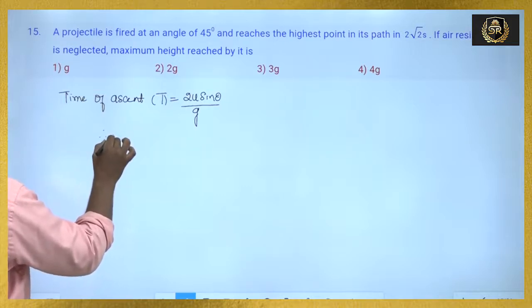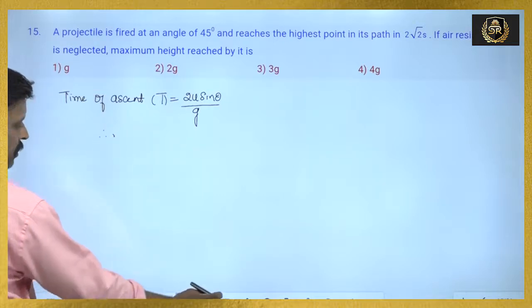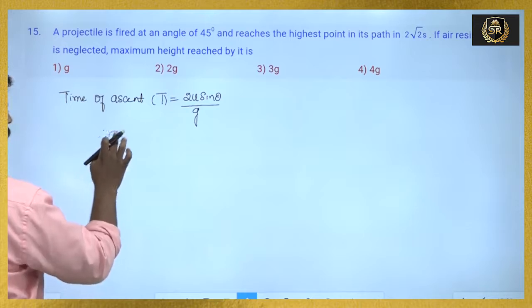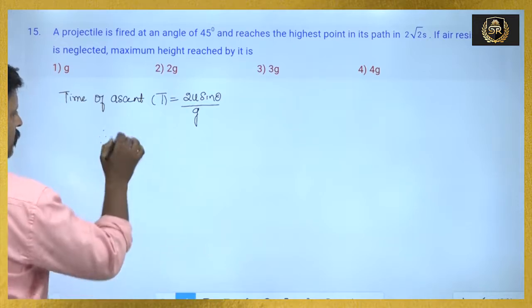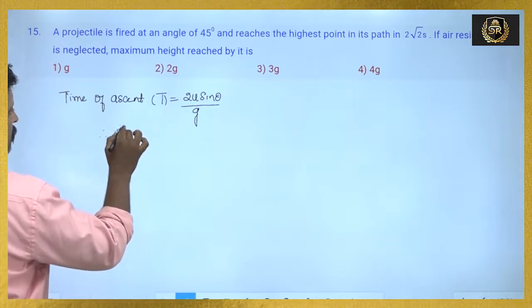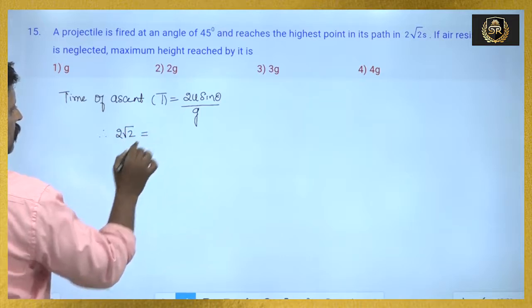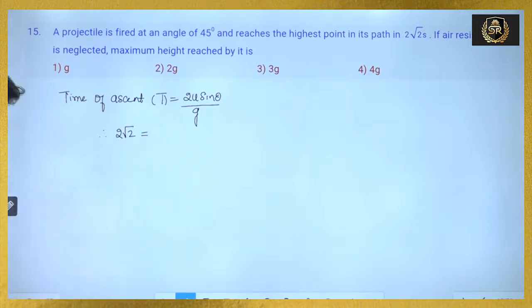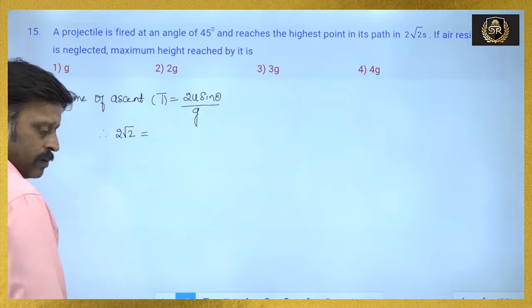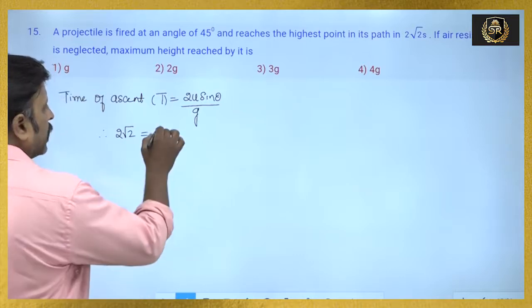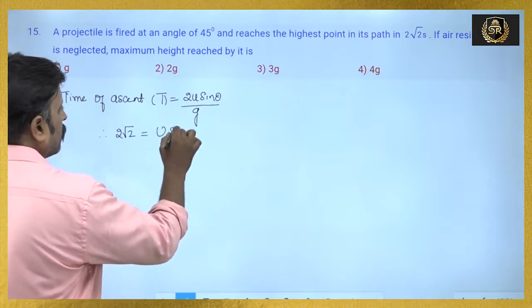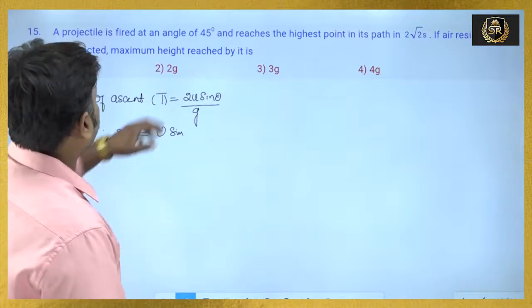So, I can write, given it as 2√2 is equal to 2u sin theta. What is angle of projection given?